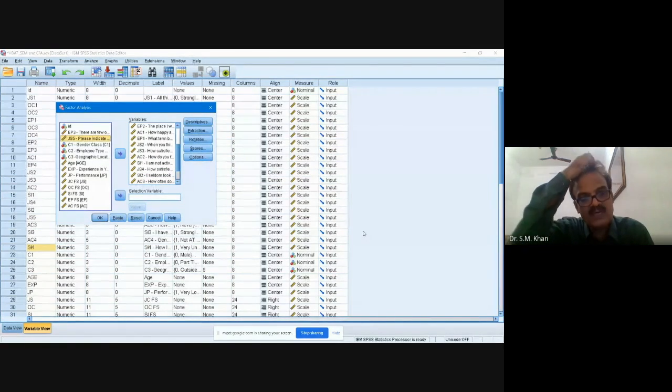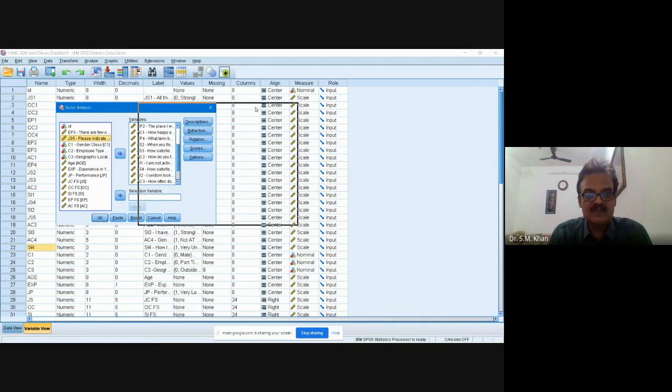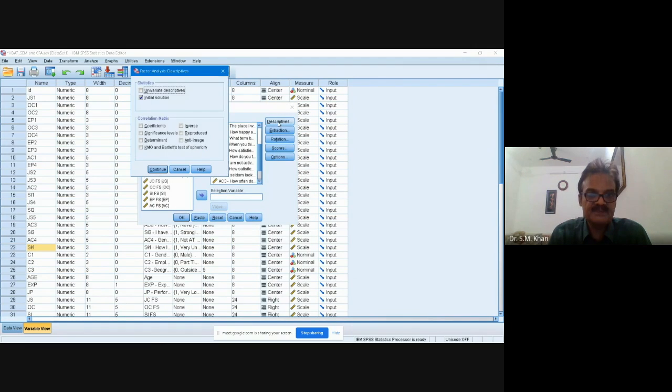So we are going to work on 20 items as found suitable and reliable during the reliability analysis. Okay, friends. Now go to the descriptives. You need to calculate the basic matrix, determinant and KMO right now.